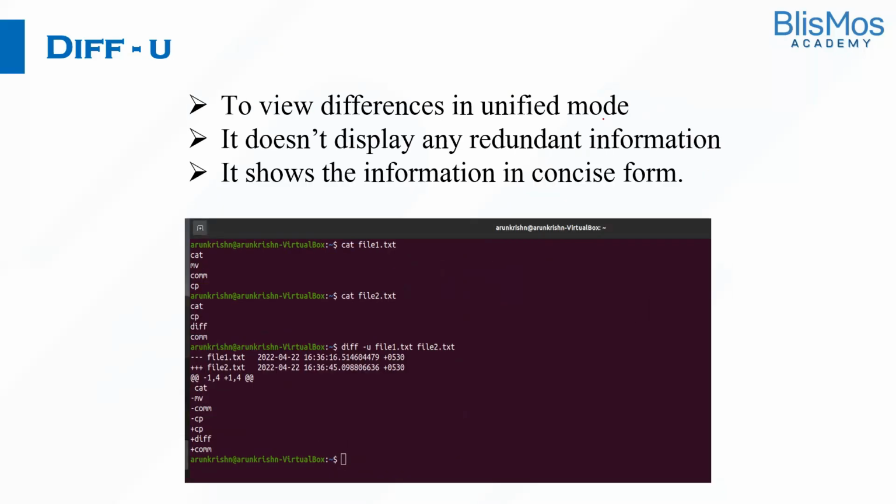If you want to look at the comparison between the two files where you don't need much of a context, yet you need a summary, then you can use a unified mode. It doesn't display much redundant information, but displays the information in a concise form.